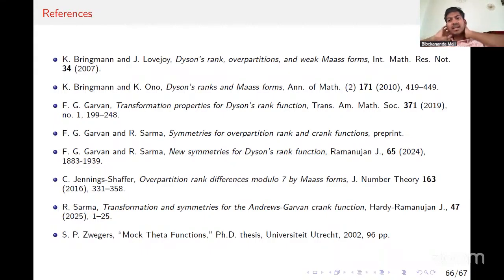And one more thing. Let R(z;q) be the rank generating function. Then Bringmann and Ono, I think, studied the modularity when z is zeta_p, right?